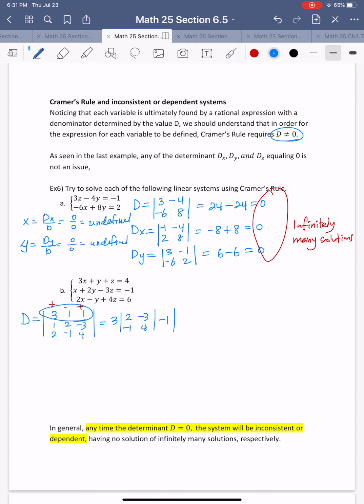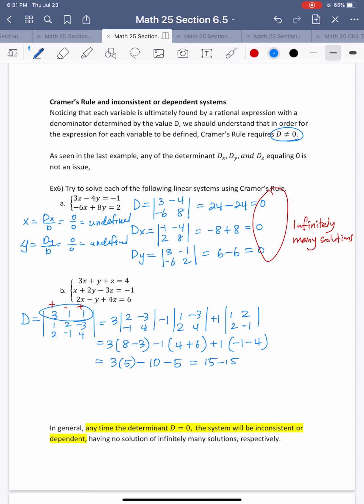Minus 1 of 1, -3, 2, 4, and plus 1 of, I have a 1, 2, and 2, -1. So 3 of 8 minus 3, -1 of 4 plus 6, plus 1 of -1 minus 4. I got 3 times 5, minus 10, and minus 5. So I got 15 minus 15, which is a 0.